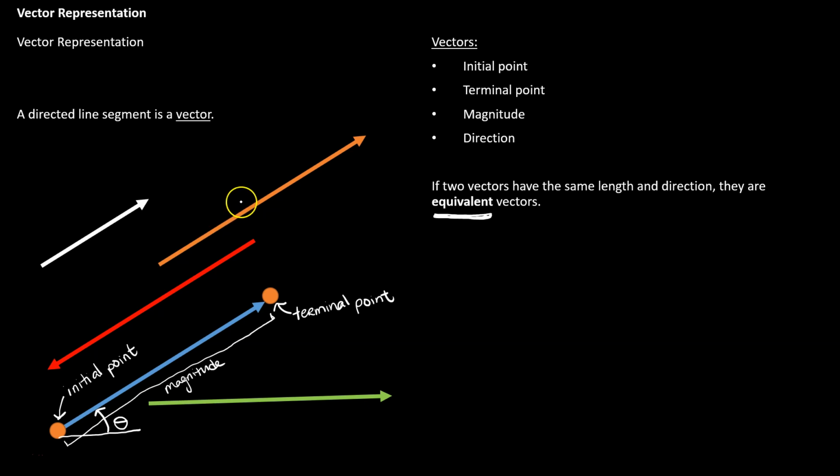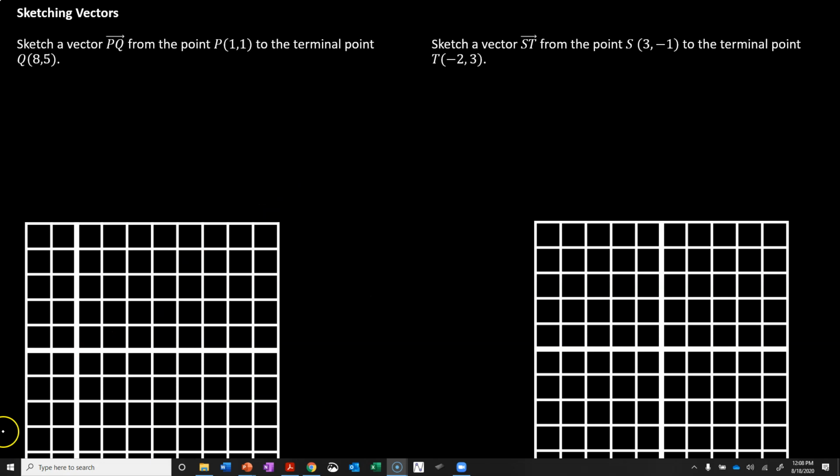So that really only leaves the gold vector as the only possible equivalent vector. And because I'm the one that made this picture, I can tell you for sure that the gold and the blue vectors are pointing in the exact same direction, and they are the exact same length because I simply copied and pasted them and just changed one of the colors. So equivalent vectors. They have the same length and they have the same direction.